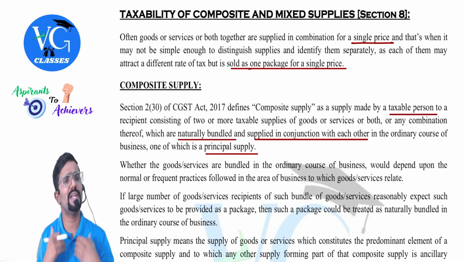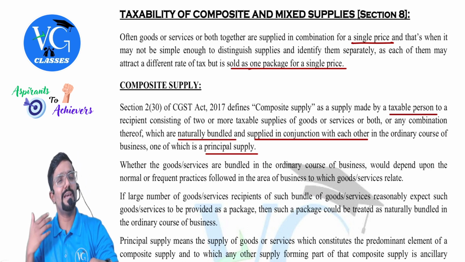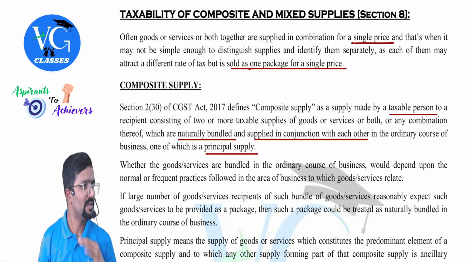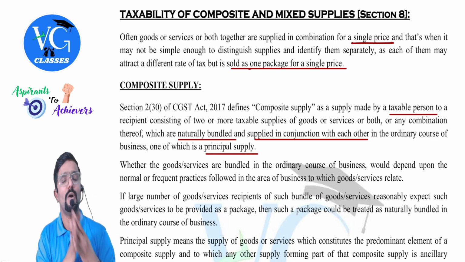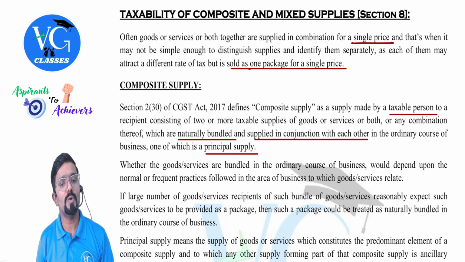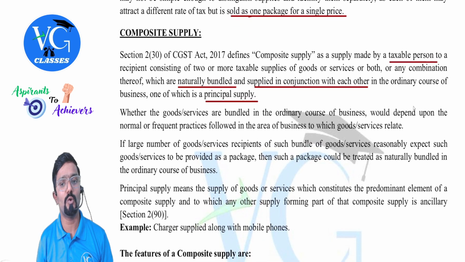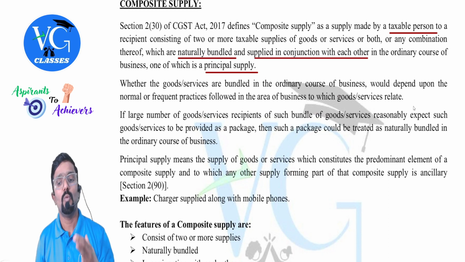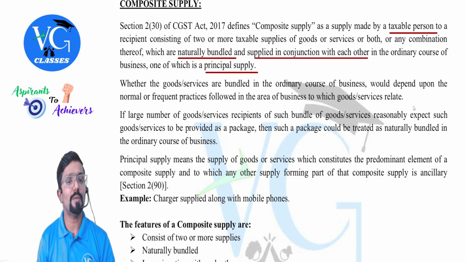They are supplied together in the ordinary course of business. Sir, almost every seller sells like this only. They sell it together. That is the industry practice. When goods or services are bundled in the ordinary course of business would depend on the normal or frequent practices followed in the area of business to which the goods or services relate. In simple terms, industry practice.